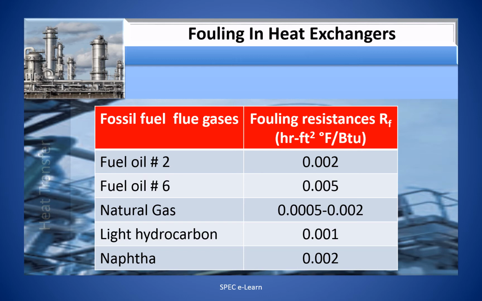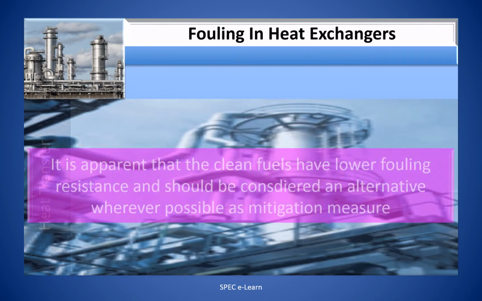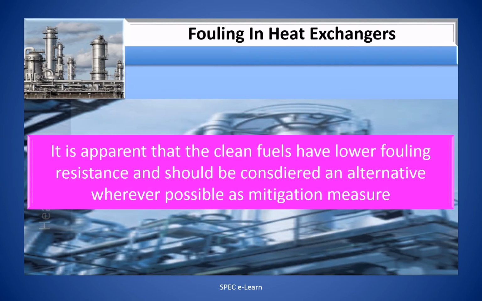Fuel oil 0.002, fuel oil 0.005, natural gas 0.0005 to 0.002, light hydrocarbon 0.001, naphtha 0.002. It is apparent that the clean fuels have lower fouling resistance and should be considered an alternative wherever possible as a mitigation measure.